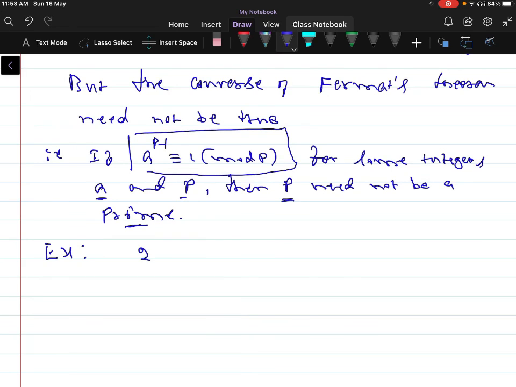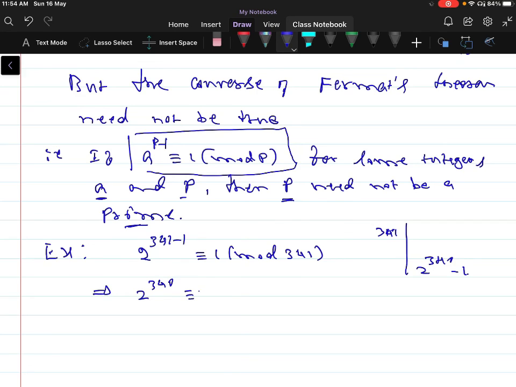For example, 2 power 341 minus 1 is congruent to 1 modulo 341. It means 341 divides 2 to the power of 340 minus 1. So this implies 2 power 340 is congruent to 1 modulo 341.